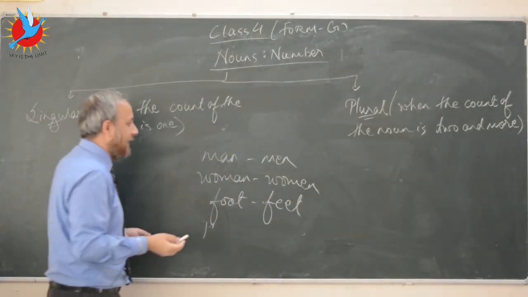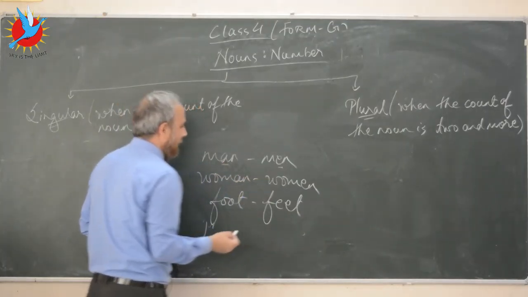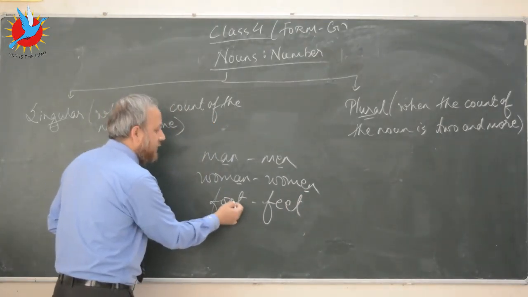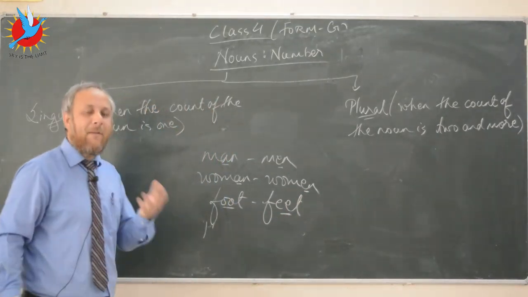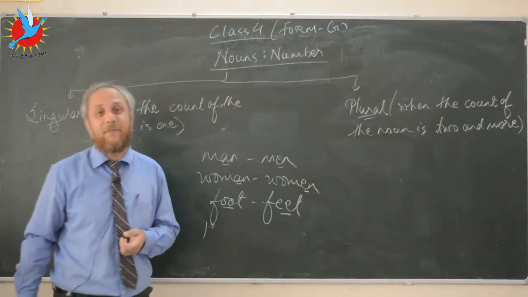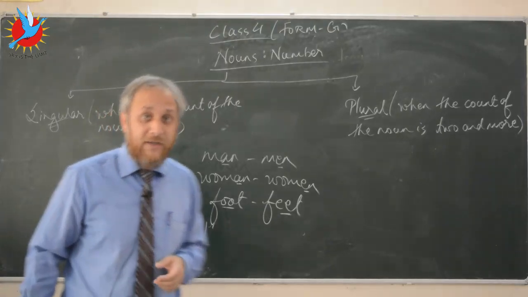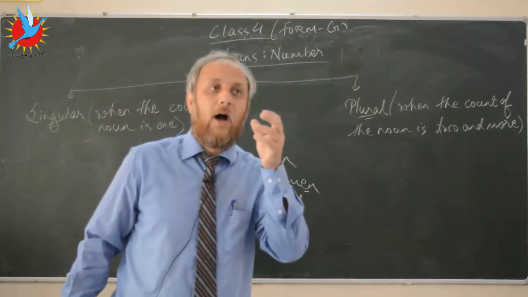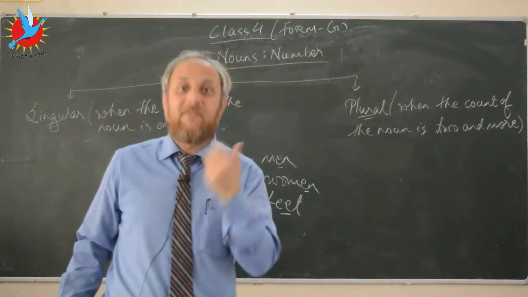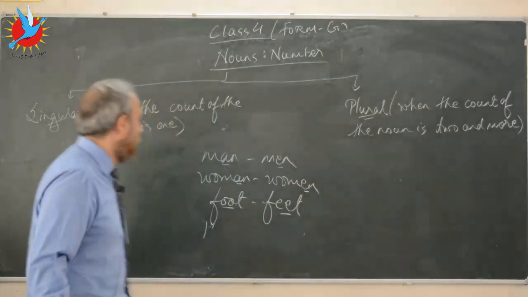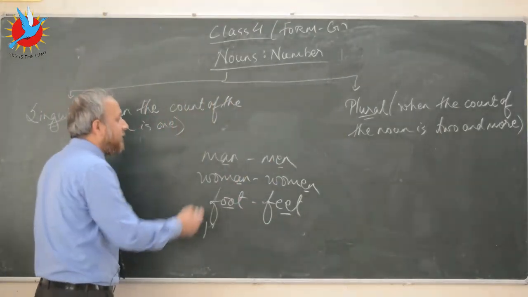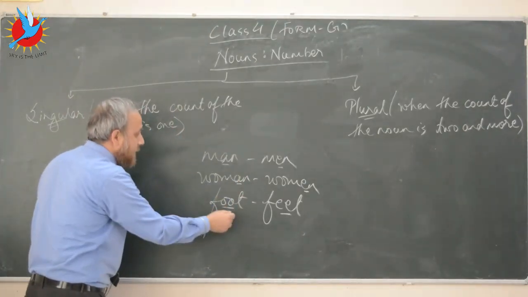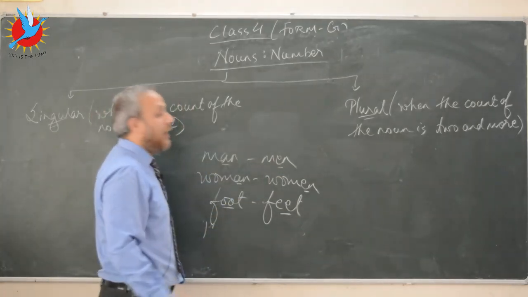If you look closely, we've changed A to E, again A to E, and we've changed the vowels O and O to E and E. Remember that there are 26 letters in the English alphabet, out of which 21 are consonants and have consonant sounds, and you have 5 letters that have vowel sounds, A, E, I, O, U. I'm sure you know that. So what have we done? We've changed the vowels of these nouns, and we've made them plural.